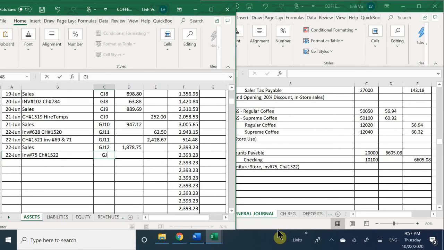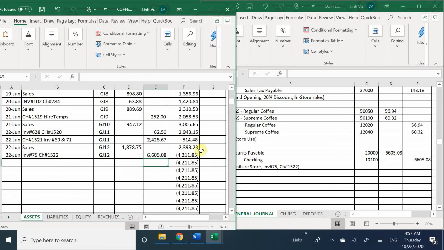GJ12. 660508. On what side? Oh, credit. 660508. And what do you know? How much negative did we go over?